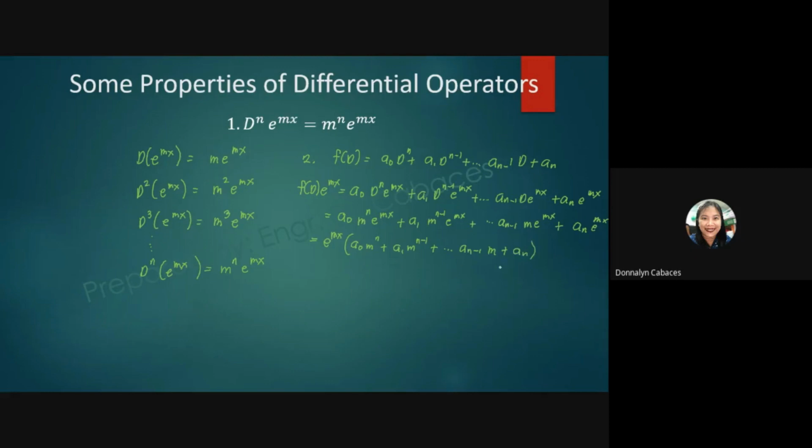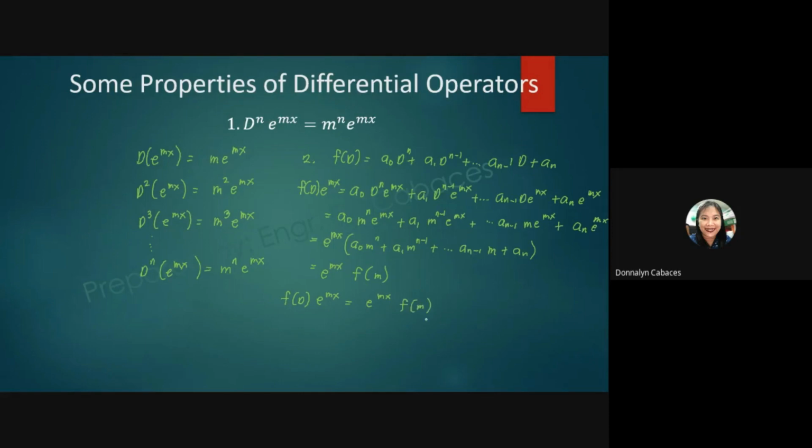And this term now is actually a polynomial function of m. So you have here a polynomial function of D applied to e to the mx is equal to e to the mx, a polynomial function of m.